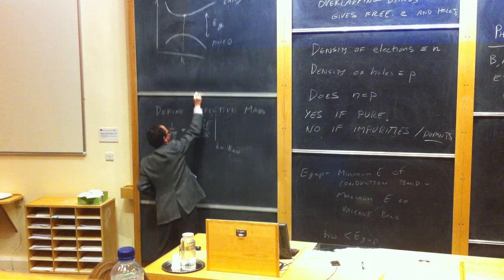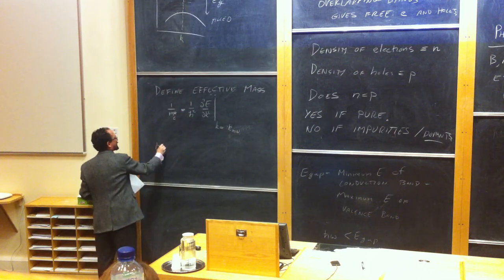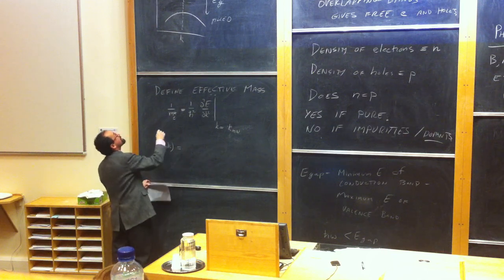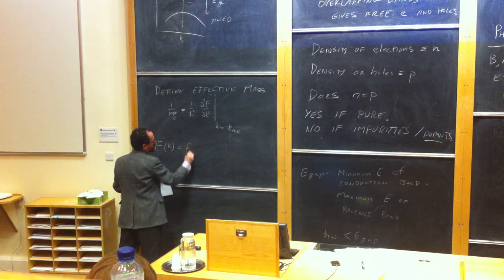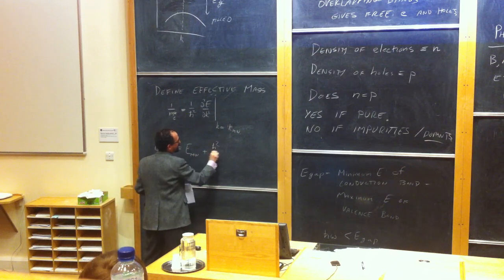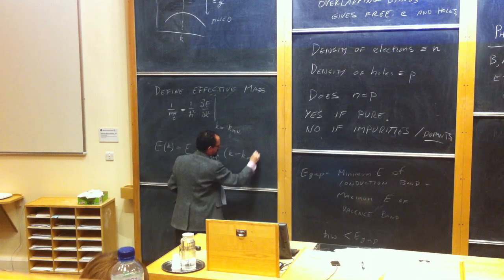Okay? And with this definition, you then have the energy as a function of K can be expanded around this minimum energy, E min, plus h bar squared over 2m electron star, K minus K min squared.